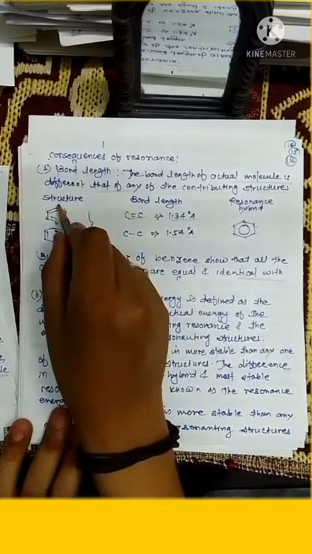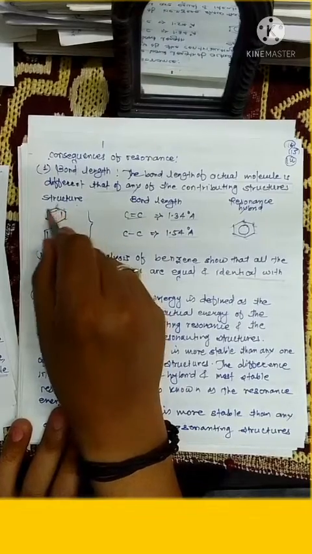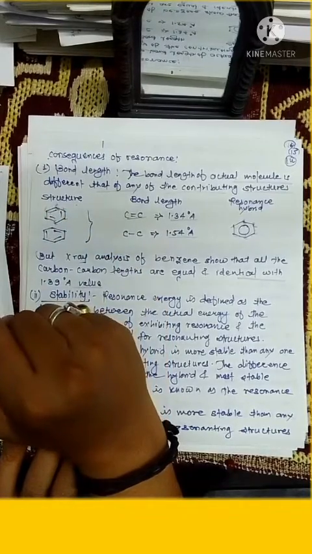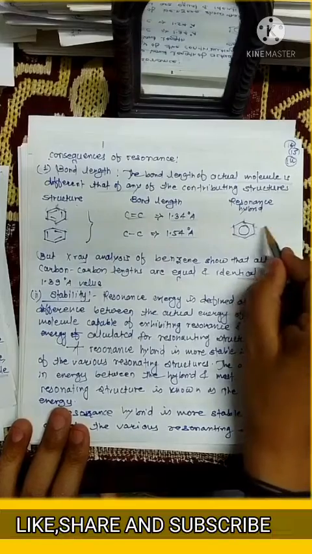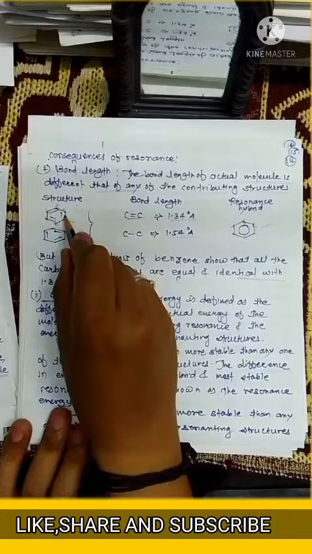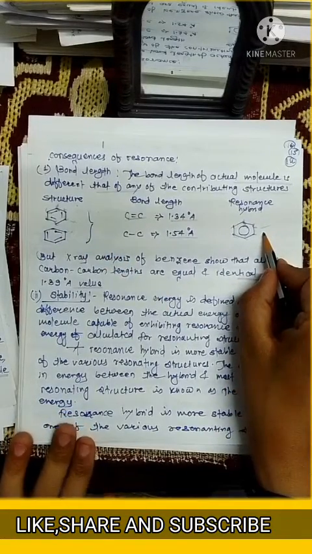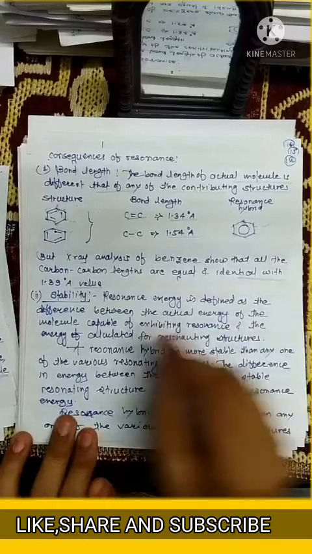If we write benzene like this, there are 2 types of bond length. So the actual structure of benzene is like this, not like this. These are canonical structures for benzene. This is the resonance hybrid structure of benzene.